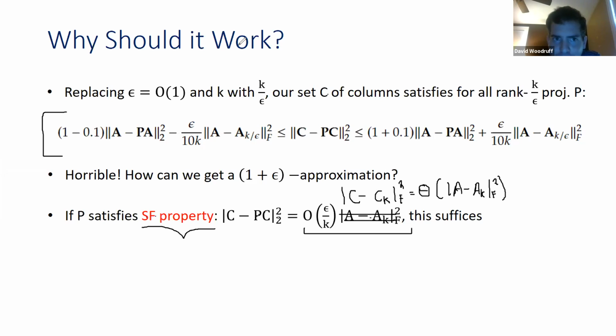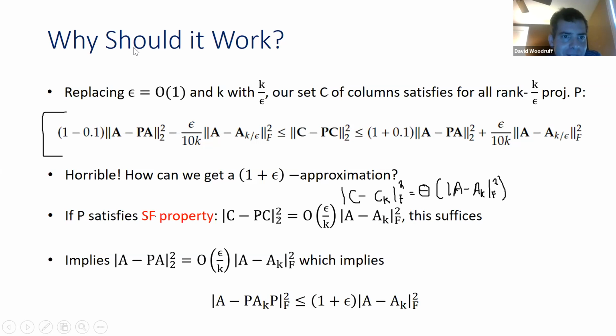Okay, so I can actually put what was here on the slide. If I have this SF property, it turns out that this horrible guarantee is enough to solve the whole problem. Why is that? Well, let's just look at this left inequality here. So, forget about what's going on the right.